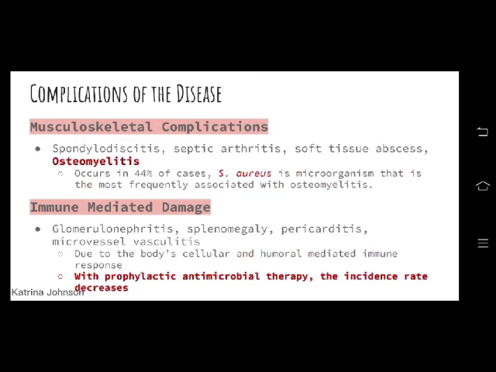So osteomyelitis, in more severe cases or even in moderate cases, really needs surgery to drain the infected area and remove portions of the infected or necrotized bone and tissue. After that, they'll start the patient on a round of intravenous antibiotics.